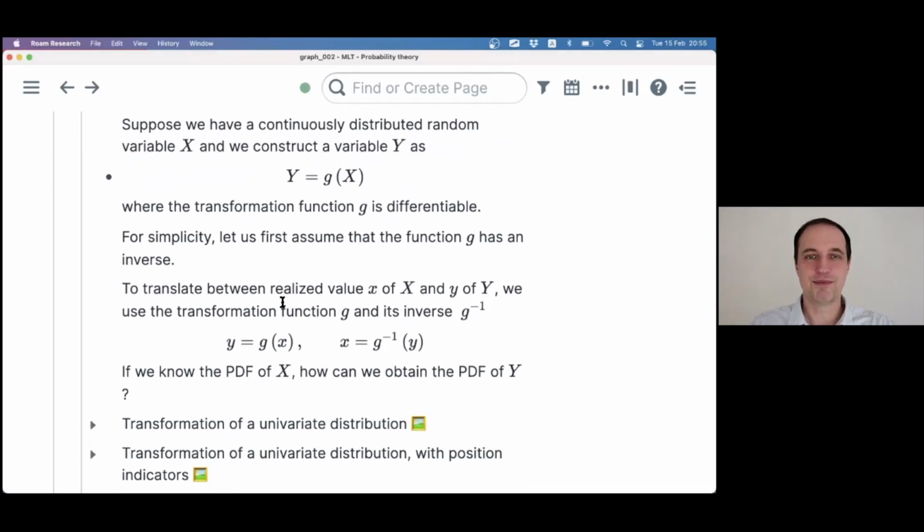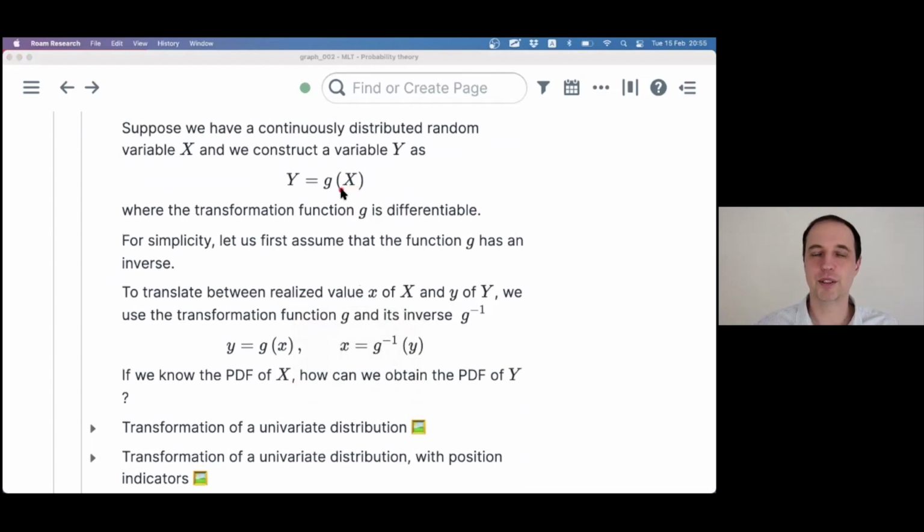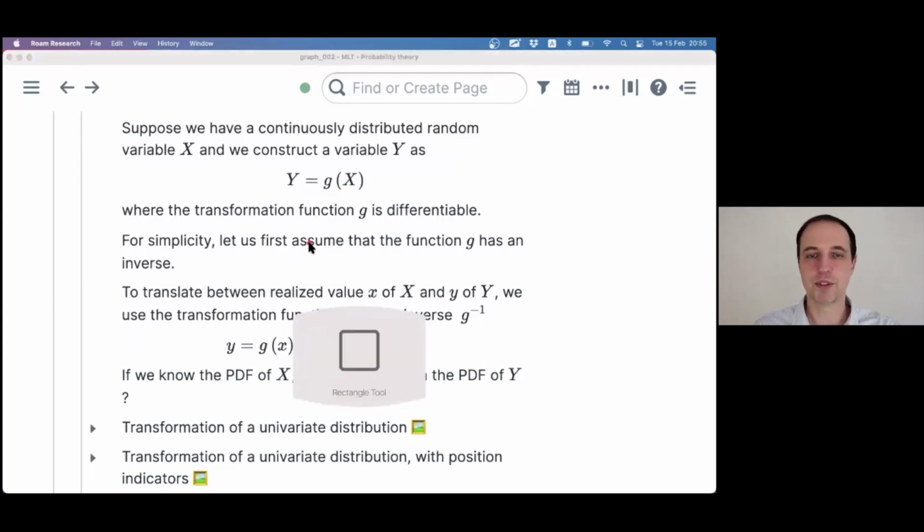Okay, so let's just think about something simple. We have one real number, capital X in here. That's going to be the random variable for us. We have some function. We have a new random variable. And we want to understand what happens to the distributions. Before that, I would like to set up some notation. So for simplicity, let's assume that this function g actually does have an inverse.